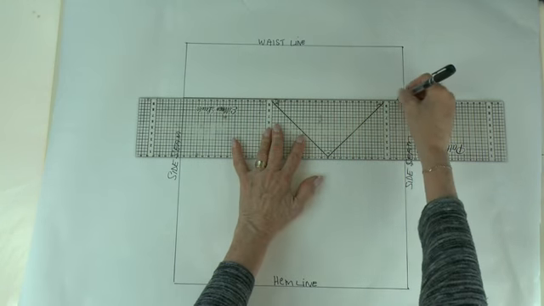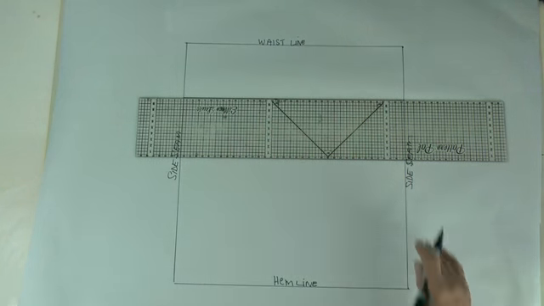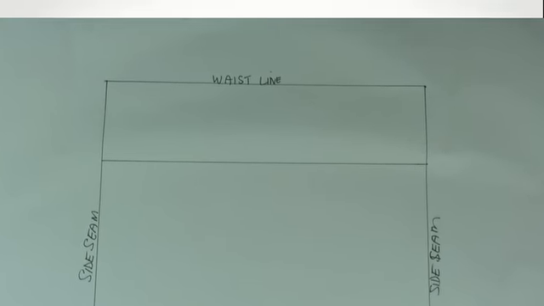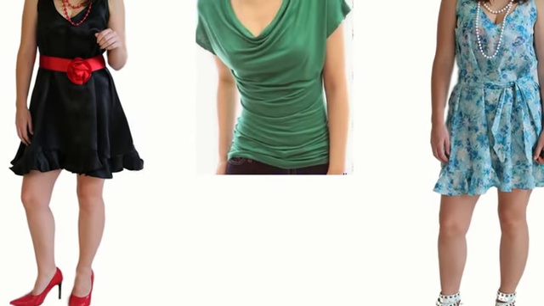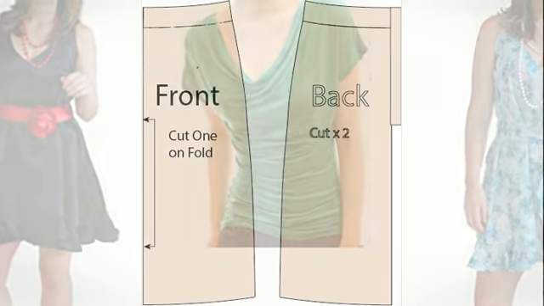As you can see, the waistline on the pattern is straight, but your figure is not straight, it's curved. You will notice on bought patterns that the waistline is curved. To curve the waistline on your skirt pattern, mark a point 1.5 centimeters in on the side seam, then go up 1.25.